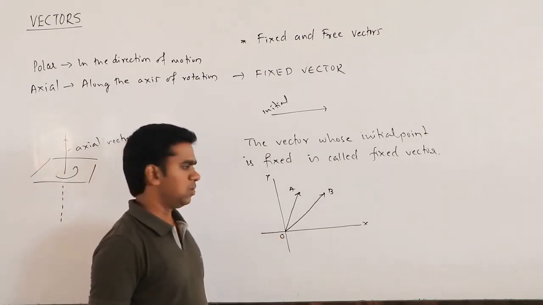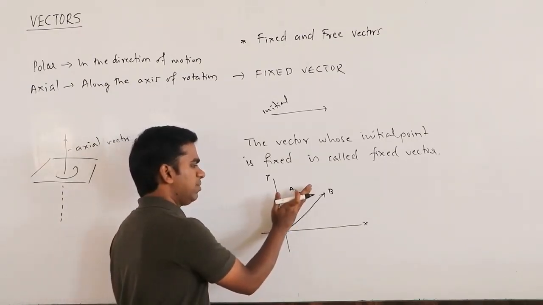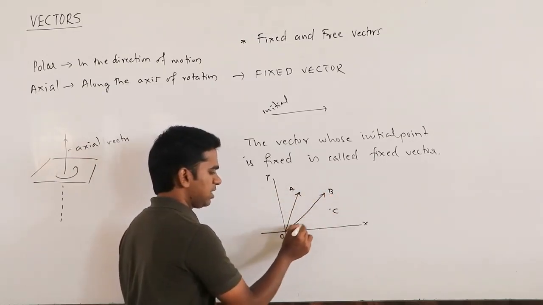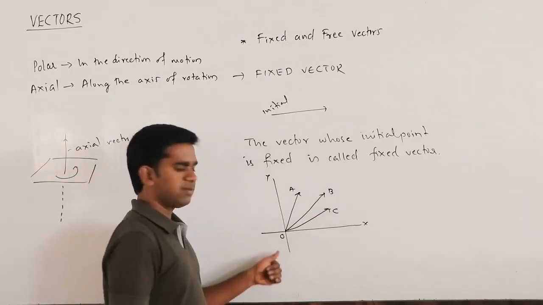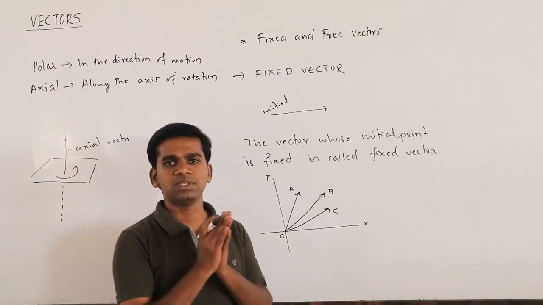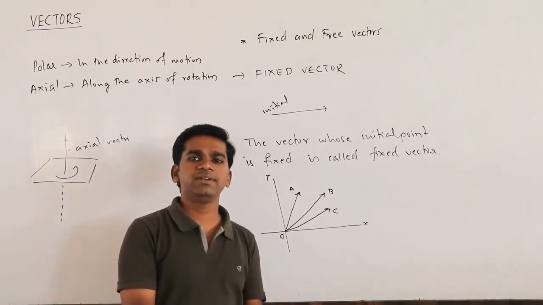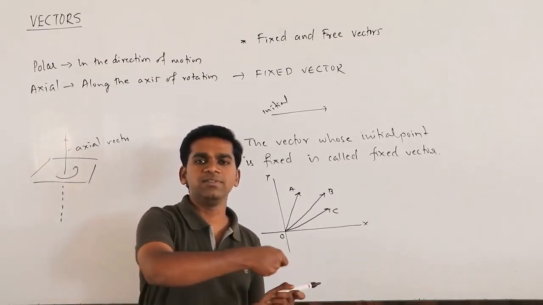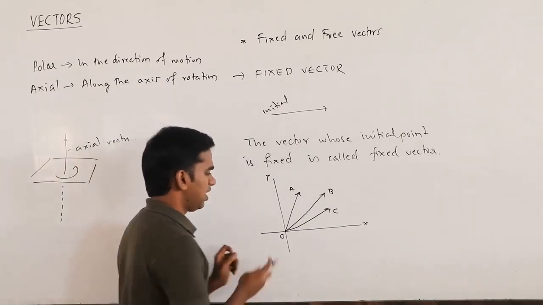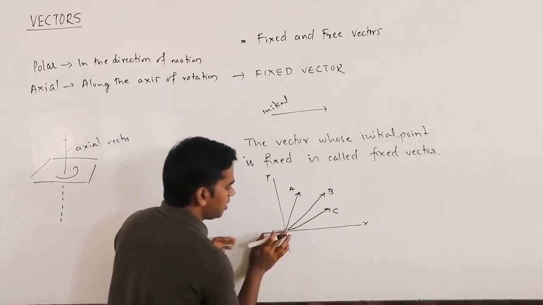Whatever may happen along with time, it may come to this point, and again you have to start from here only. You have to start from the origin or reference point. The reference point is always fixed. All position vectors start from the origin or reference point. So their initial points are not changing.